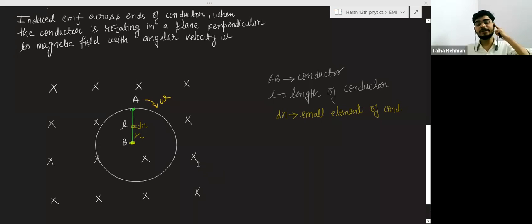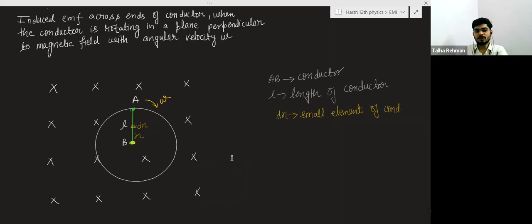And there is a magnetic field along the y direction, perpendicular to the length of the wire, because the length of the wire is along the x axis. So the magnetic field is perpendicular to the wire. This distance is x, the distance between this element dx and B, the point from where the axis of rotation passes.